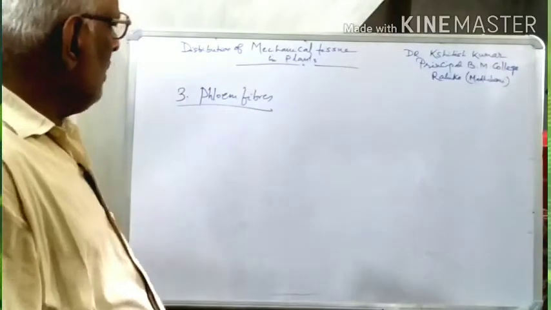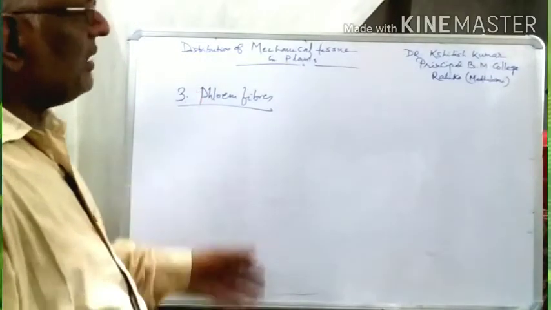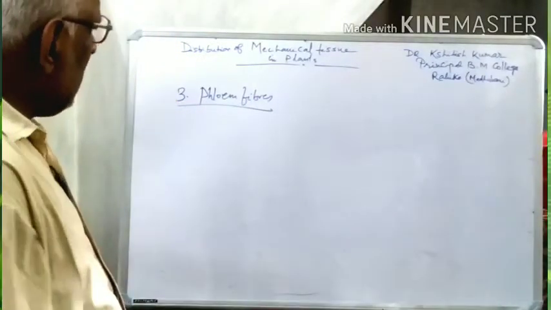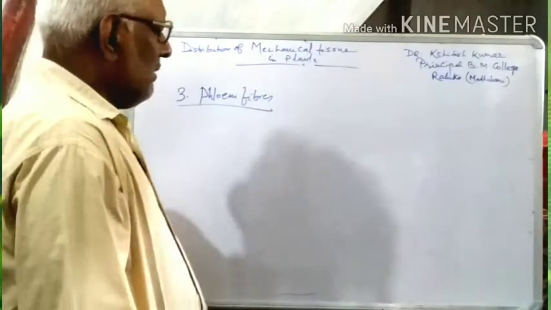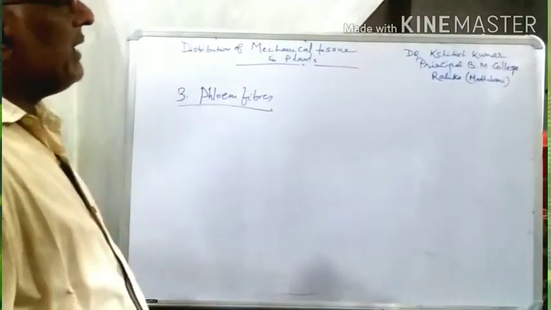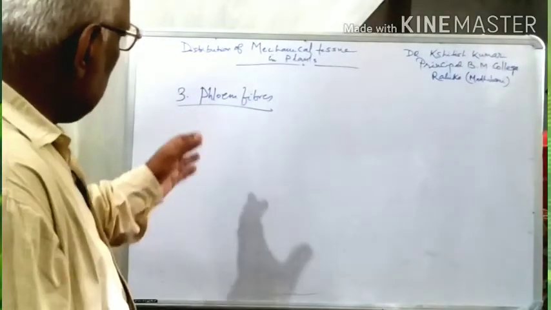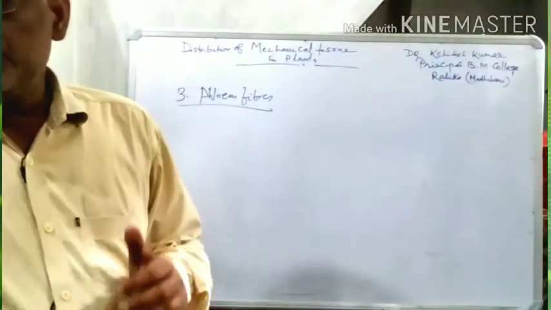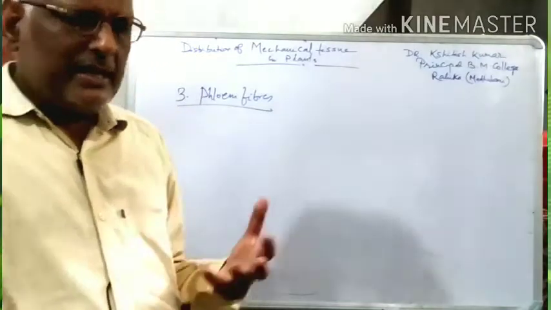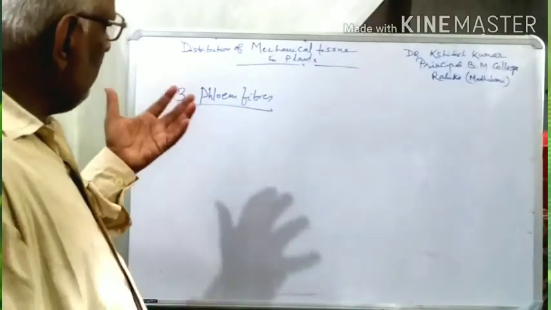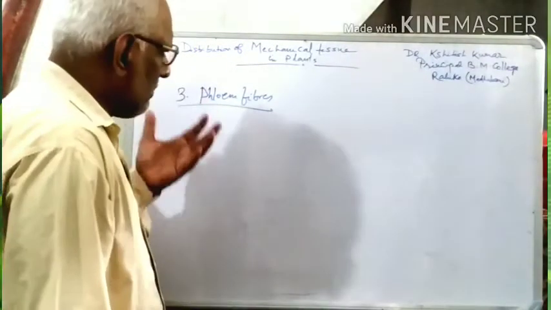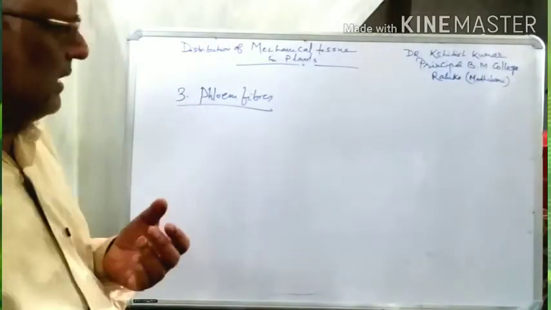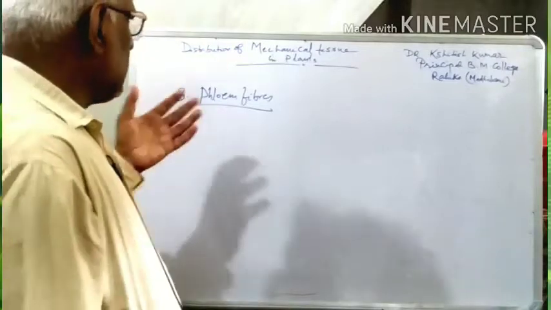As we know, the phloem is a conducting tissue which conducts the synthesized food material from the leaves to the entire body of the plant. So there is much need for the plant to protect the phloem, because if the phloem is distorted or broken, then what happens? There is no conduction of food material and the plant starves.